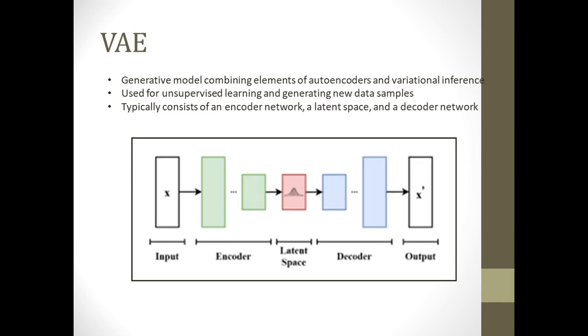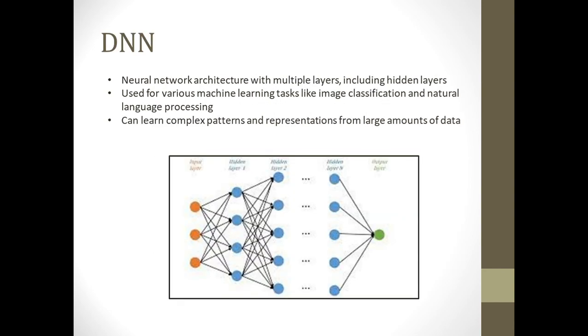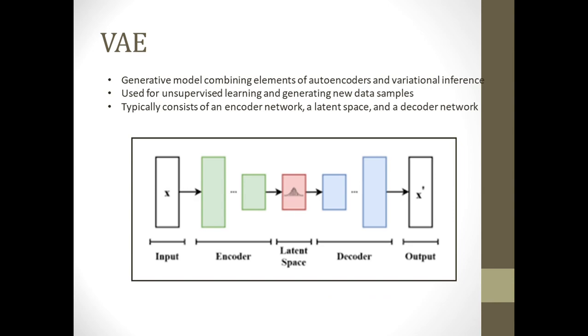VA, variational autoencoders. DNN doesn't scale any feature, it doesn't reduce the dimension. What VA does is, it takes the input and sends it through an encoder. It reduces the dimensions of features based on the learning of the encoder. Once it has reduced the features, the latent space is generated. Latent space here is nothing but the important features that are affecting one particular output.